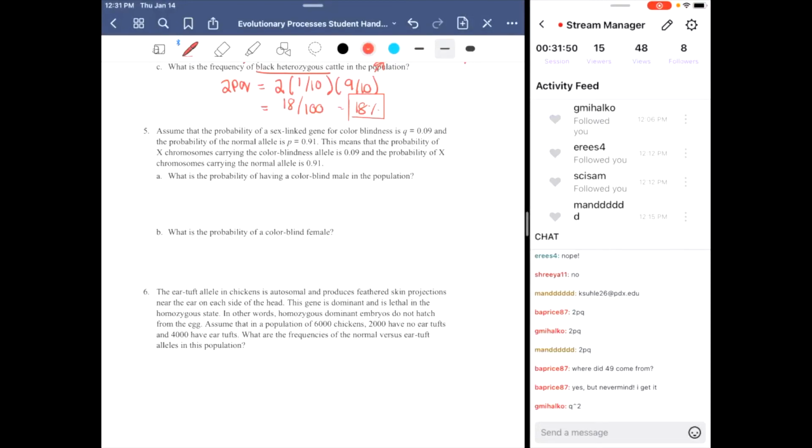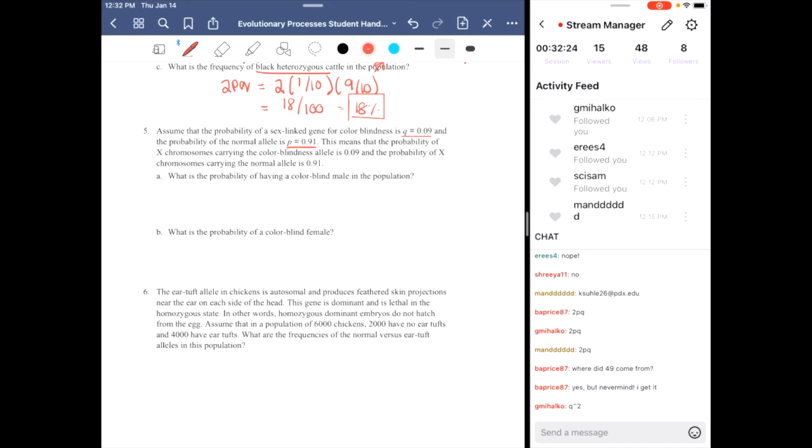All right, the next one's a little interesting because we're looking at a sex-linked gene for color blindness. Which, as you guys know, appears differently in male than it does in female because it's X-linked. So let's look at this problem. It's telling us that the probability of the sex-linked gene for color blindness is 0.09, and the probability of the normal allele is 0.91.